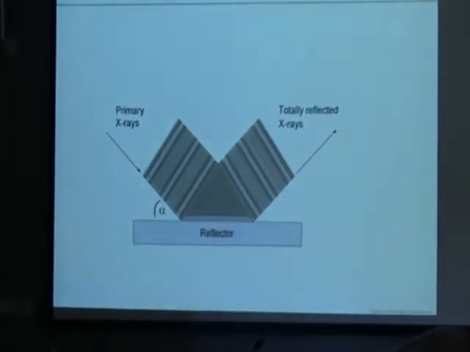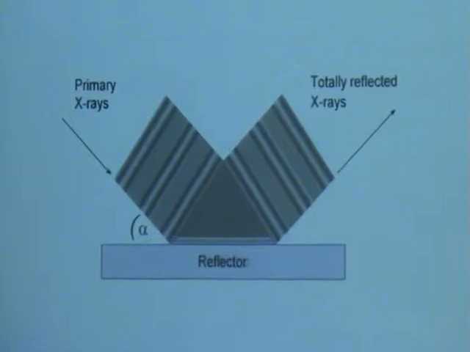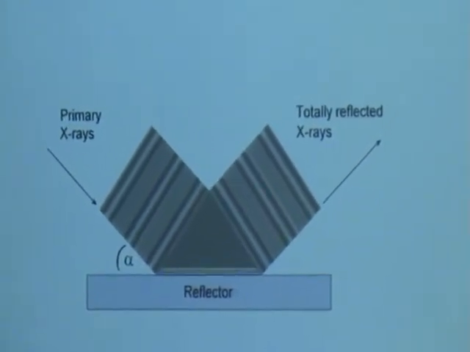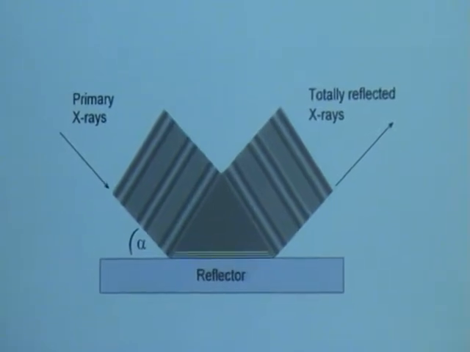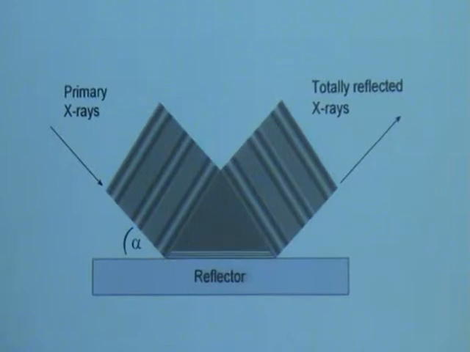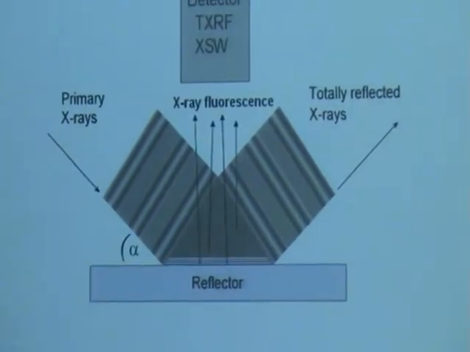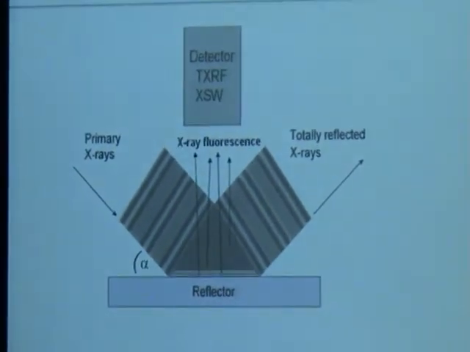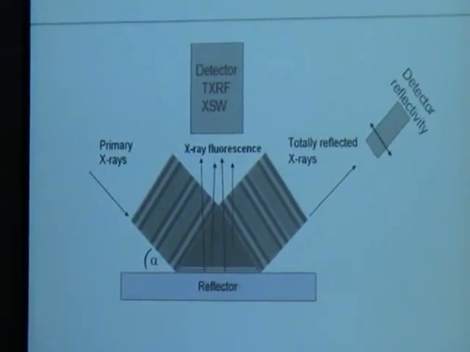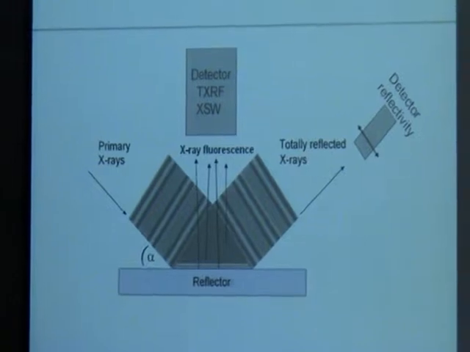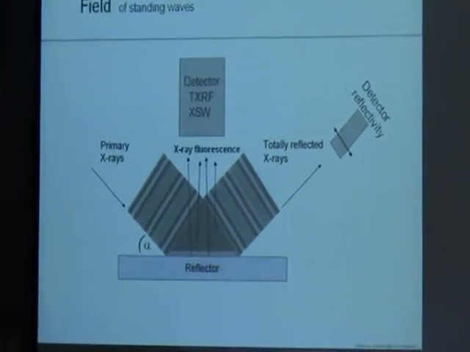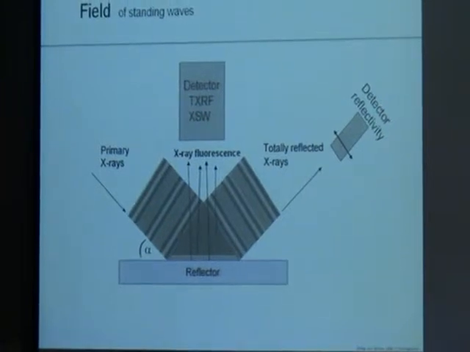The rest is only double intensity from incoming and outgoing wave without any interference. We are collecting the signals here for TXRF and TXSW, and the reflected signals are used for the reflectometer, or the reflectivity of the surface.